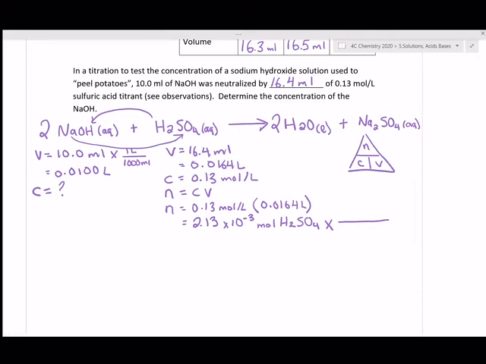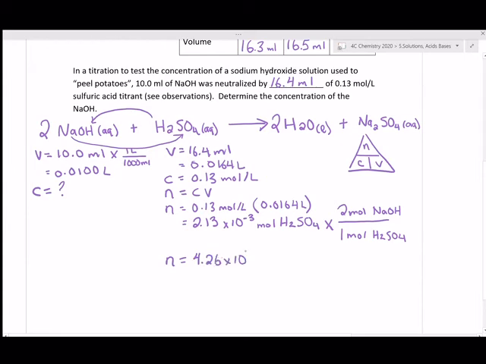As long as when you go to use your mole ratio, you notice if you're balanced or not, then you're okay. So on the bottom, 1 mole of sulfuric acid reacts with 2 moles of sodium hydroxide. Okay, so there's our mole ratio. So we're going to double this.